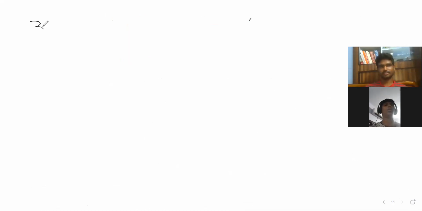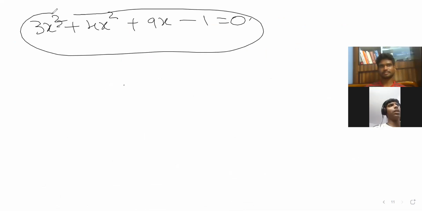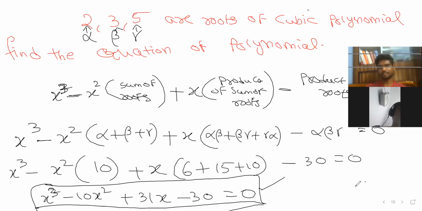If I give it like this, 3x cube plus 4x square plus 9x minus 1 equal to 0, now you can find the sum of the roots and product of the roots directly, right? Because you know the equation here. Previously, you don't know. You are forming the equation.